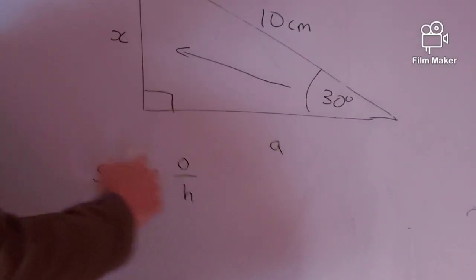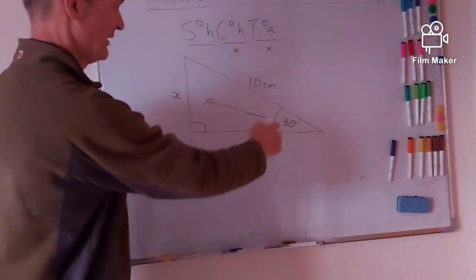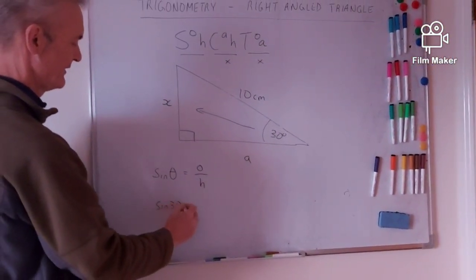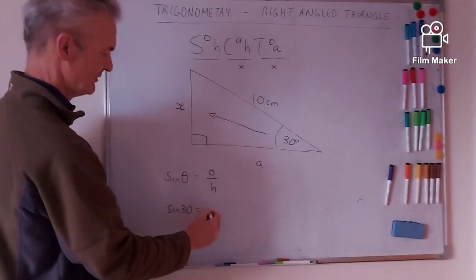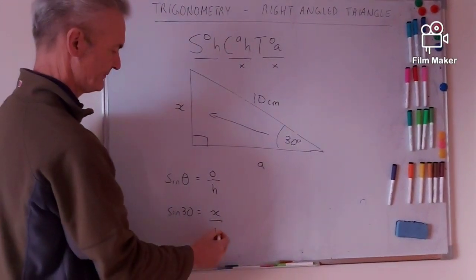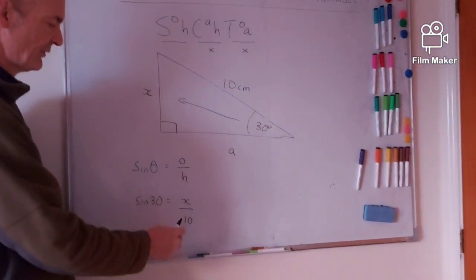So I'd start by writing down the formula that you're going to use and then put the numbers in that you've got. Okay, so we've got 30, so we've got sine 30 equals opposite, well that's the x that we're looking for, divided by the hypotenuse, well that's the 10. Okay, so sine 30 equals x over 10.